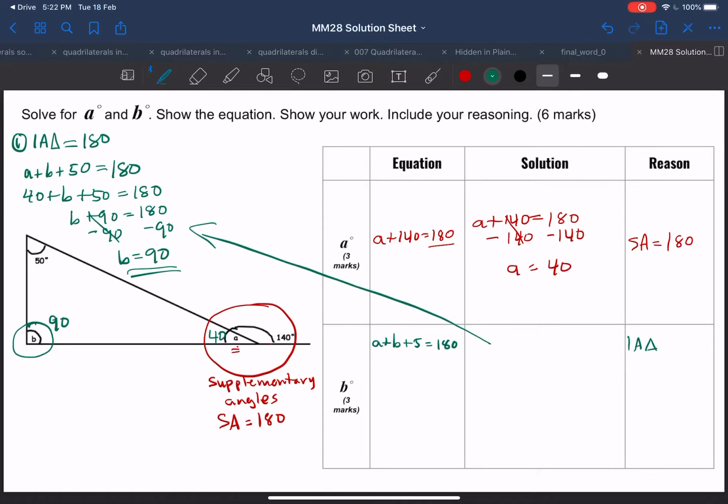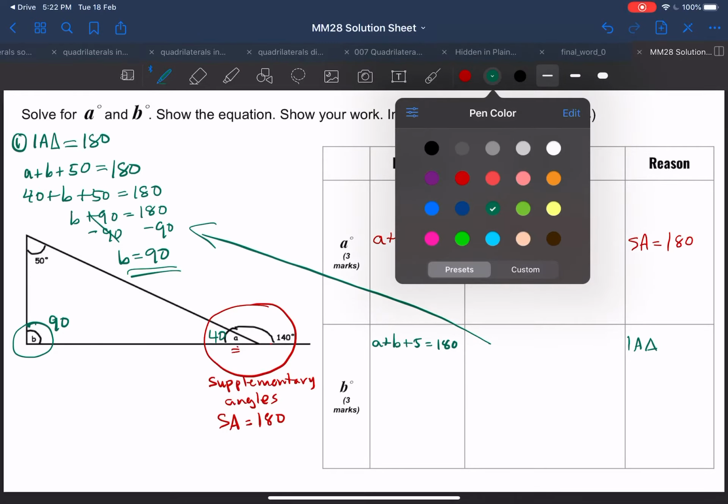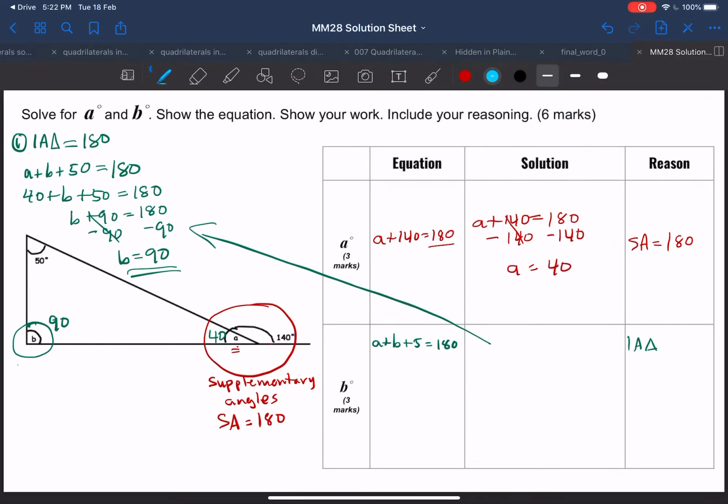Another way of solving for this is to use the external angle of a triangle. This is the external angle, and we know the external angle of a triangle is equal to the sum of the opposite interior angles.